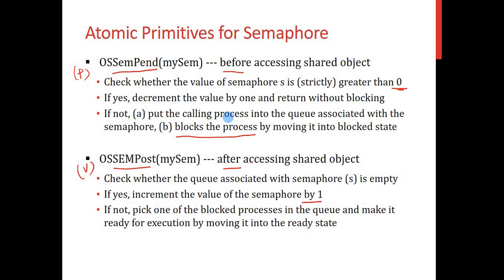As we saw earlier, if a task tries to lock the mutex and is not able to, then it goes to a block state. Similarly, when a task tries to take a semaphore but is unable to take it, it will also go to a block state. On the other side, you have the task posting a semaphore, and when you post a semaphore, you increment the count by 1.